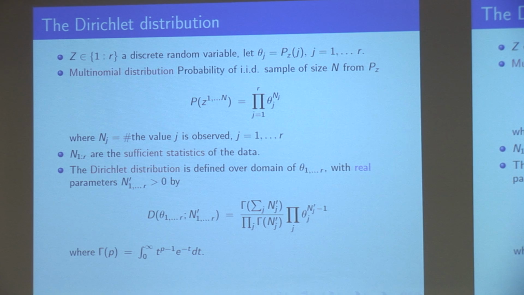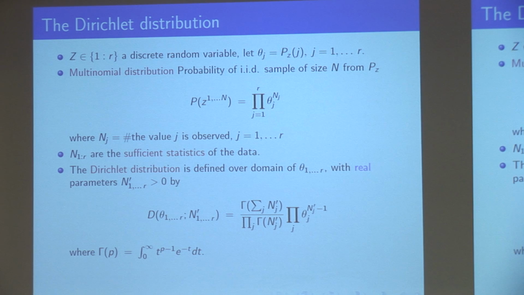What's here is a normalization constant, where gamma is just the gamma function, the generalization of the factorial. And here is the distribution itself, the dependence on theta. So it's a product of the parameters taken to the powers n prime j minus 1. And the minus 1 is there for reasons of integration, let's say.